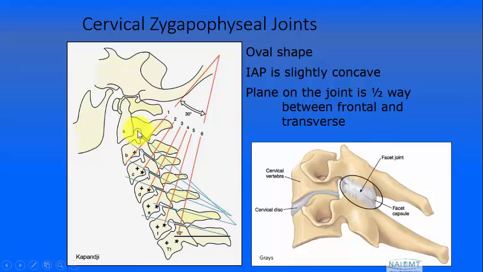the joint. In the normal posture and upright, if we attempt to translate C2 anteriorly, there is a compression of this facet joint which will restrict that because of this angle, which is closer to 45 degrees.